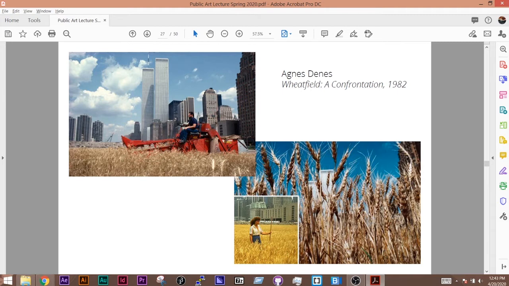She remediated it and grew this large field of wheat right in downtown Manhattan. She was able to use this property through the Dia Foundation and Art Foundation. And what was really interesting is that this property was worth a lot of money, right?